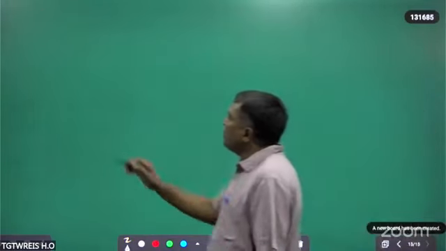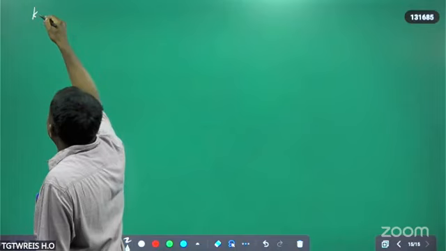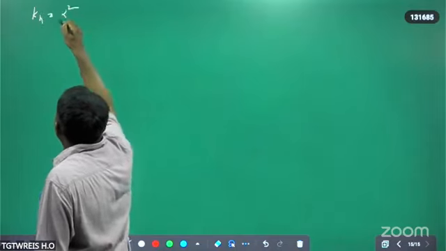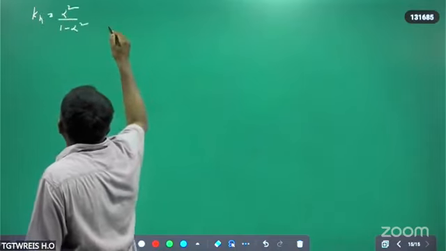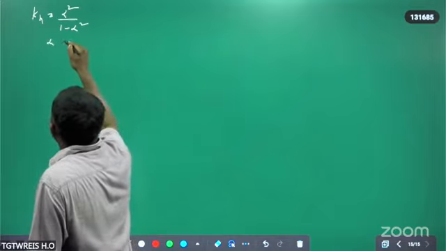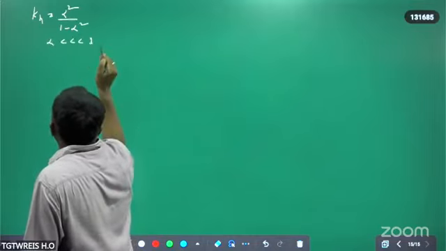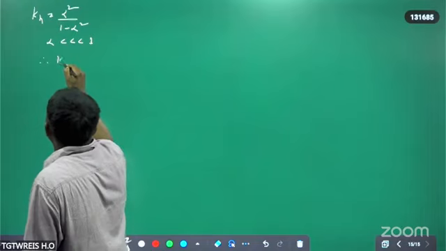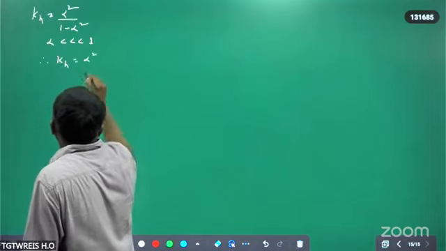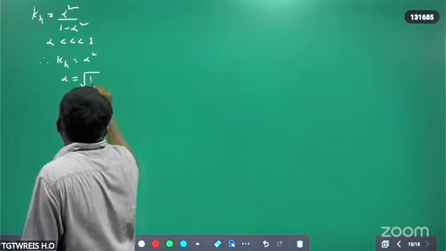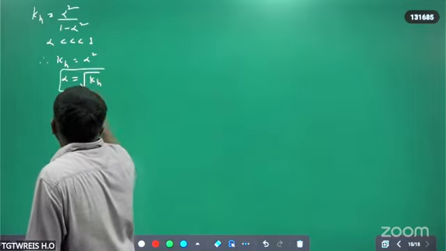Therefore, KH is equal to alpha square by 1 minus alpha whole square. Actually, alpha is very, very less than 1. Therefore, KH is equal to alpha square, so alpha is equal to square root of KH.